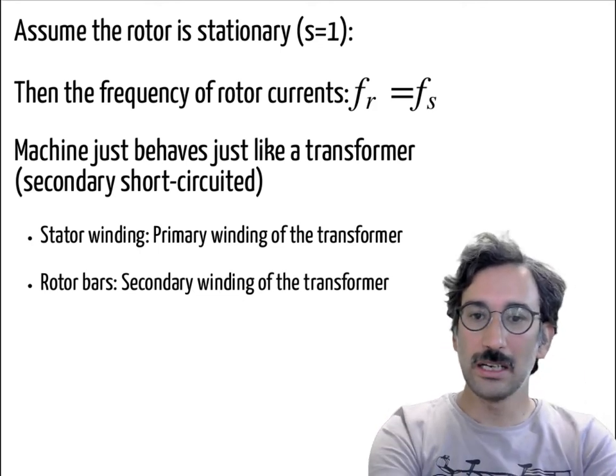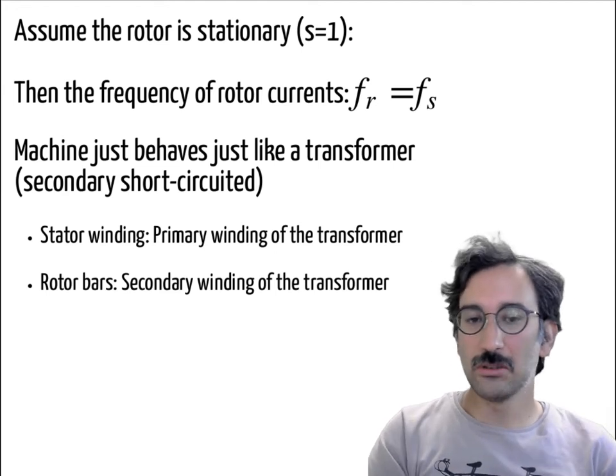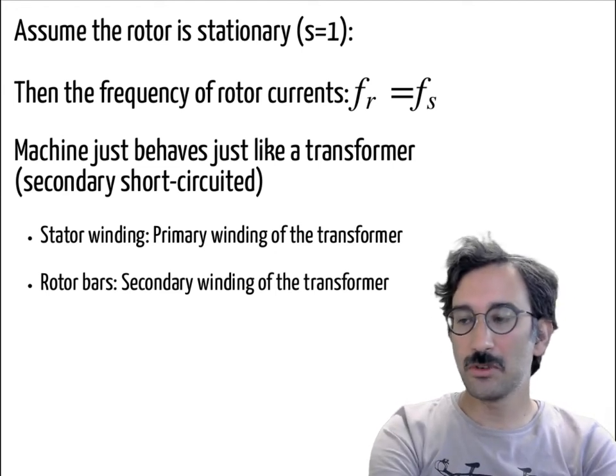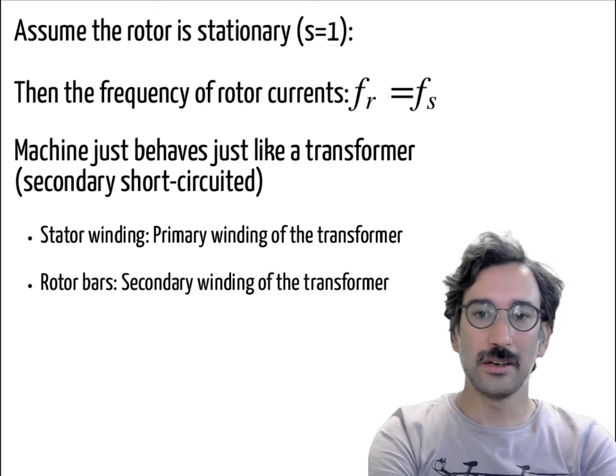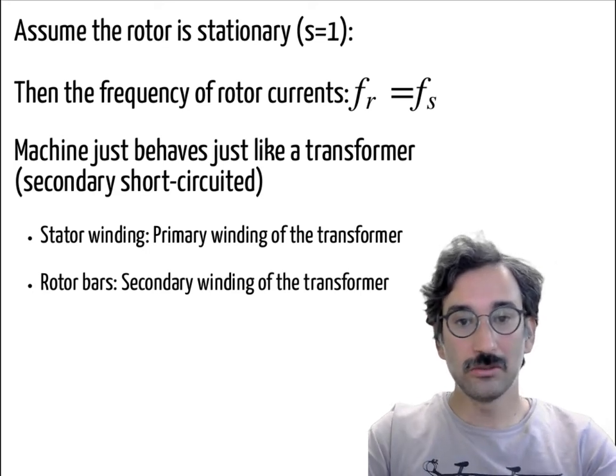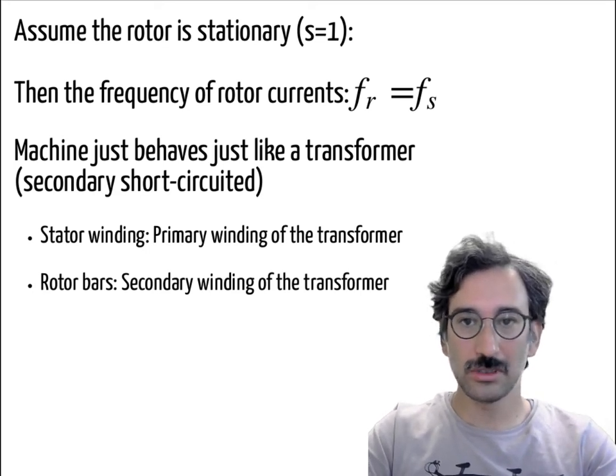Our stator winding is equivalent to the primary winding of the transformer, and our rotor bars are equivalent to the secondary winding, which is short-circuited in our case.